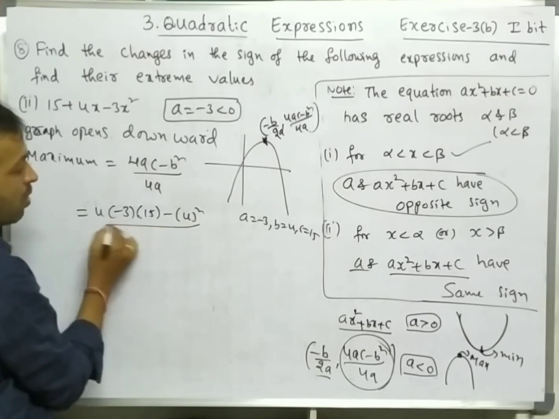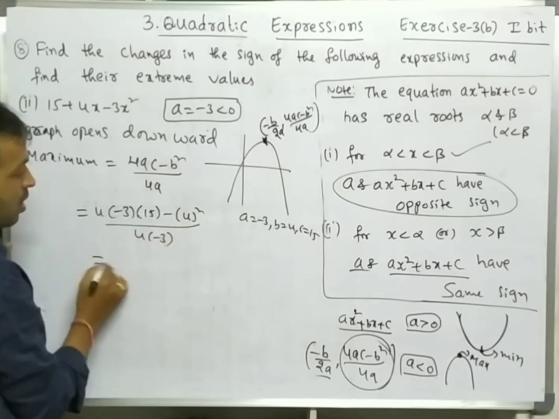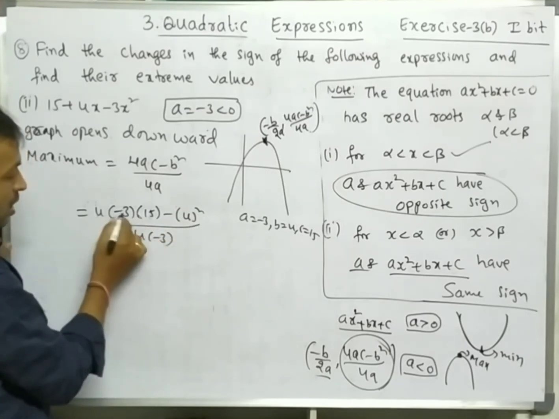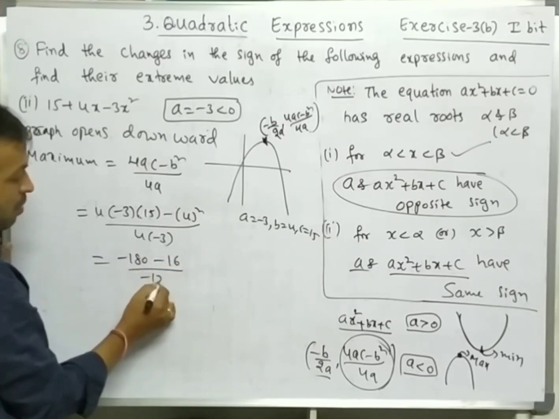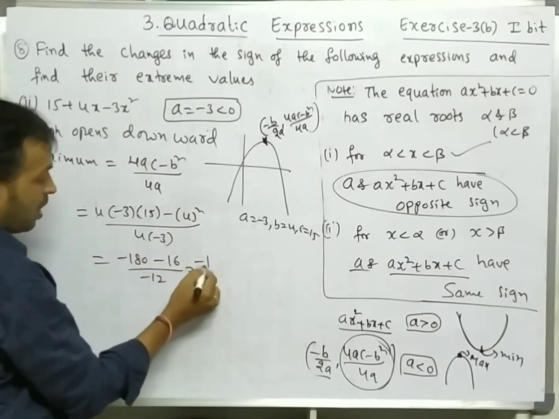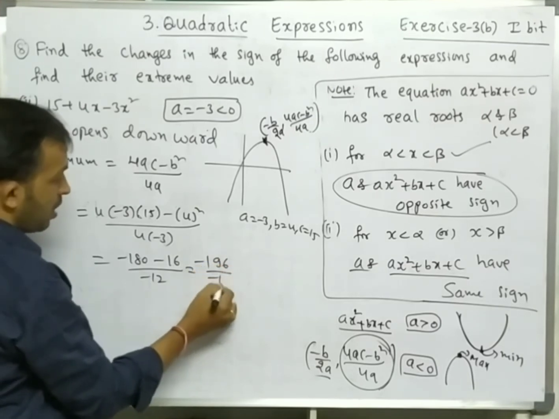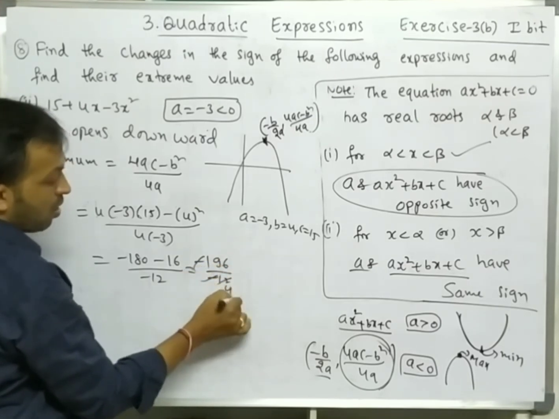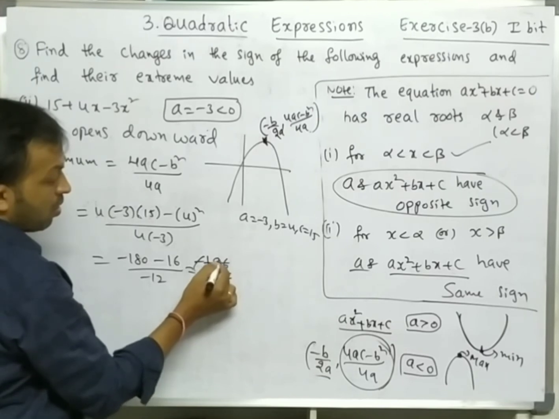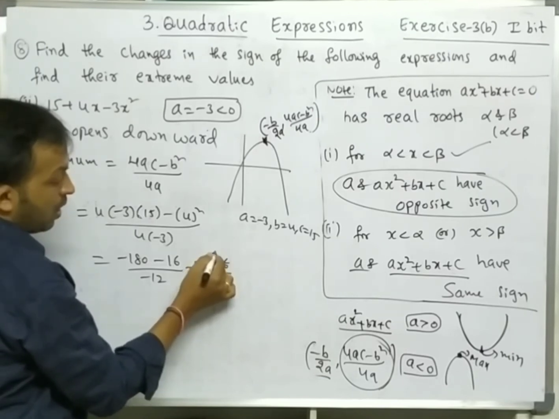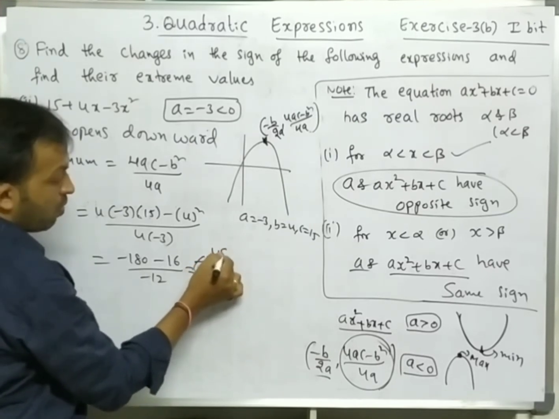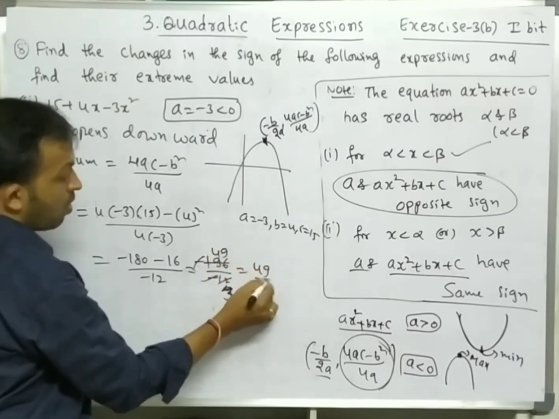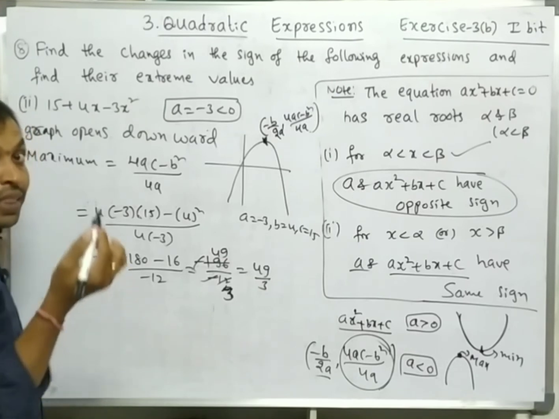That is 4 into 15 into minus 3 is minus 180, minus 4 square 16, by 4 into minus 3 is minus 12, that is minus 196 by minus 12. 4 is 12, 49 by 3 is the maximum value.